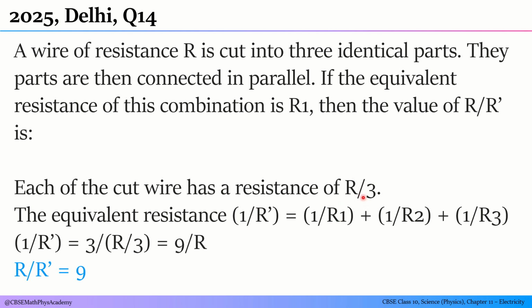R1 is R by 3, R2 is R by 3, R3 is also R by 3. So when you put everything and calculate, you get 1 by R dash is equal to 9 by R. So R by R dash is equal to 9.